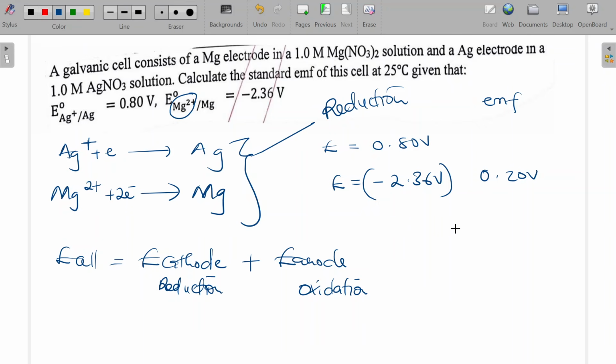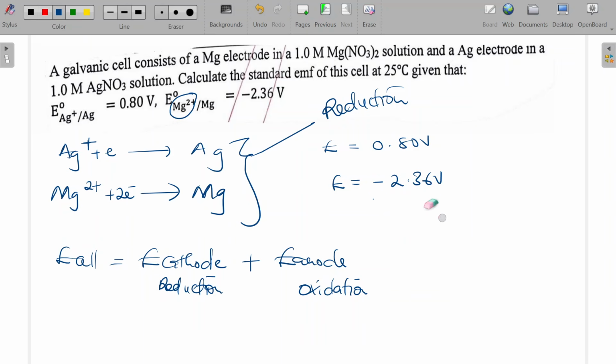Wonderful. Yes, that's the reason I wanted. Thank you very much for the contribution. So you change the smaller one to become an oxidation reaction, and in this case the smaller one is the one which is negative. The negative one is the smaller one.